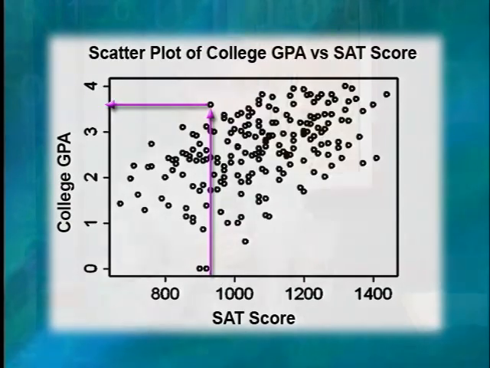Well, we're going to try to quantify the extent to which these two variables are related by defining a number that's called the correlation, that summarizes the extent to which these two varying quantities, in this case SAT and grade point average in college, are moving together. When one quantity increases, we want the other quantity to tend to increase.